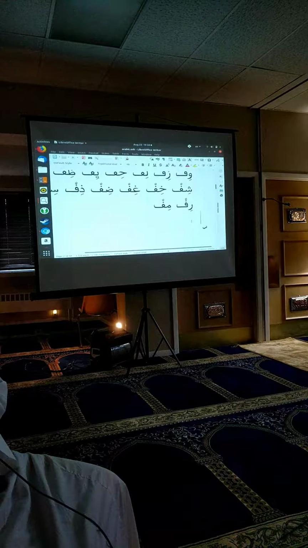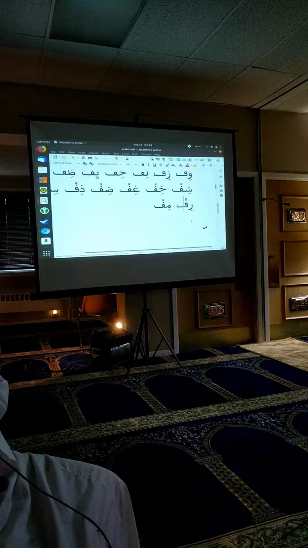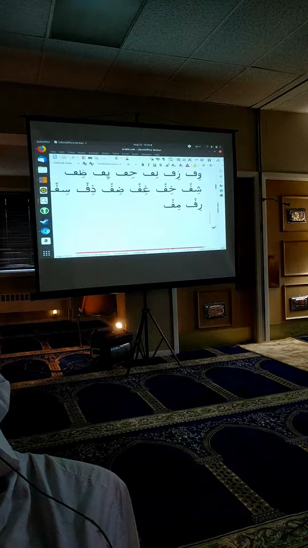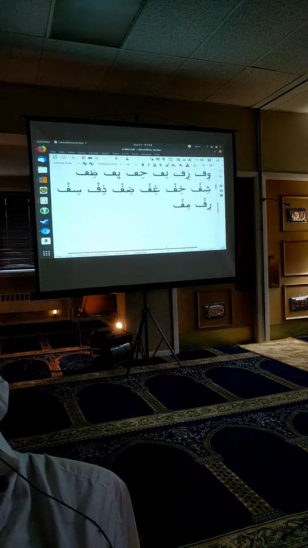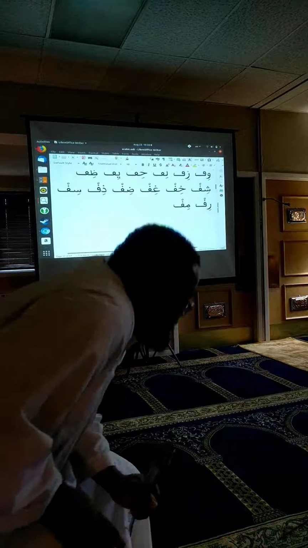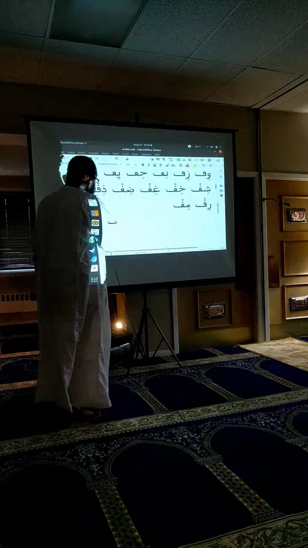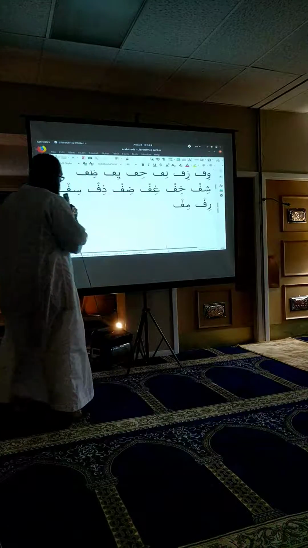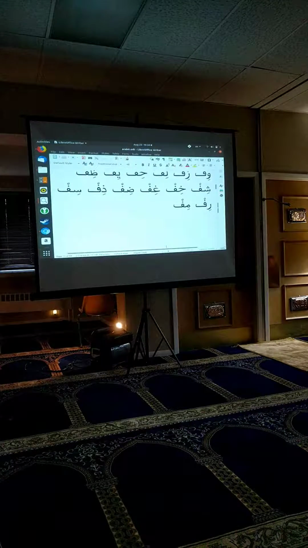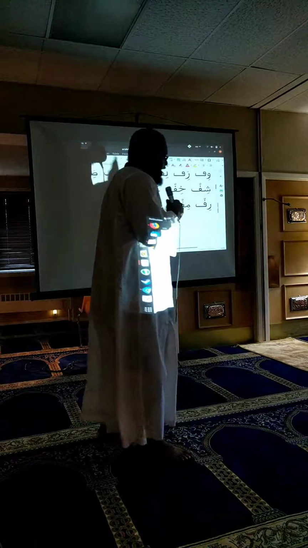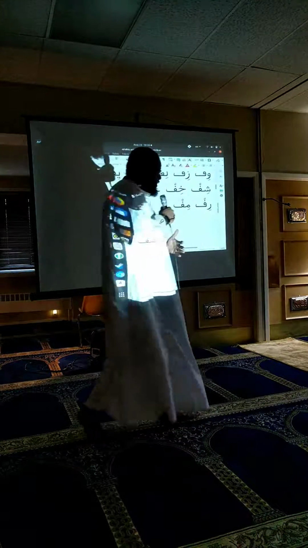So we were dealing with two letters. We're on the last line here. We're on this line, inshallah ta'ala. And after that, we're going to move on to explaining and practicing how to read the shadda.